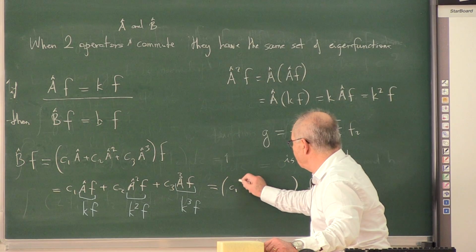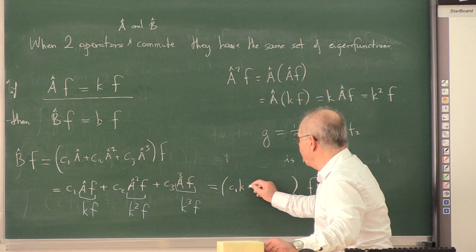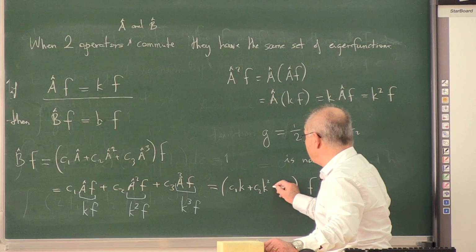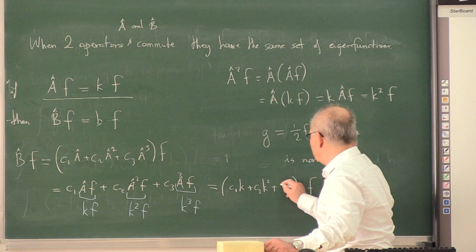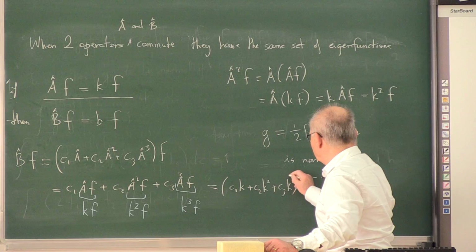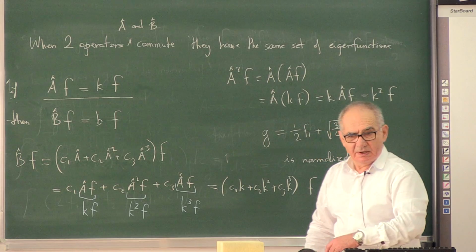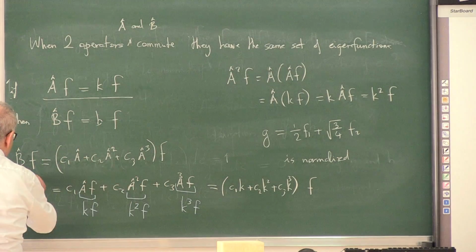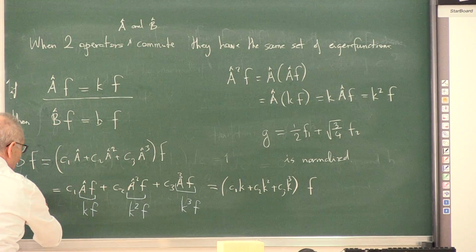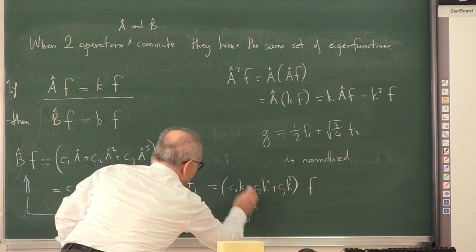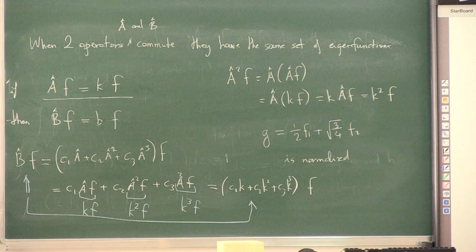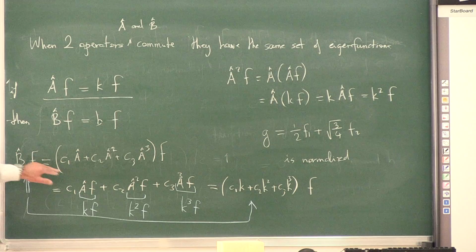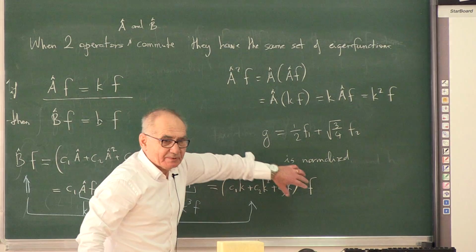C1 times K plus C2 times K squared plus C3 times K cube. So now compare this part with the final simplified expression: operator function equals constant times function.